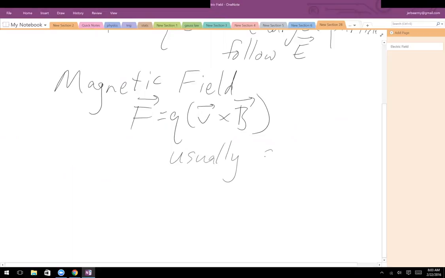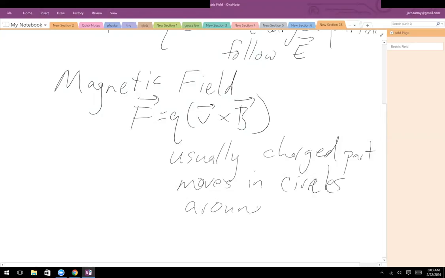Usually what happens is that a charged particle moves in circles around the magnetic field. So if I've got a magnetic field going this way and I have a charge moving perpendicular, then it'll wind up just kind of going in a circle around it. Okay. So that was kind of the big thing we talked about last time.